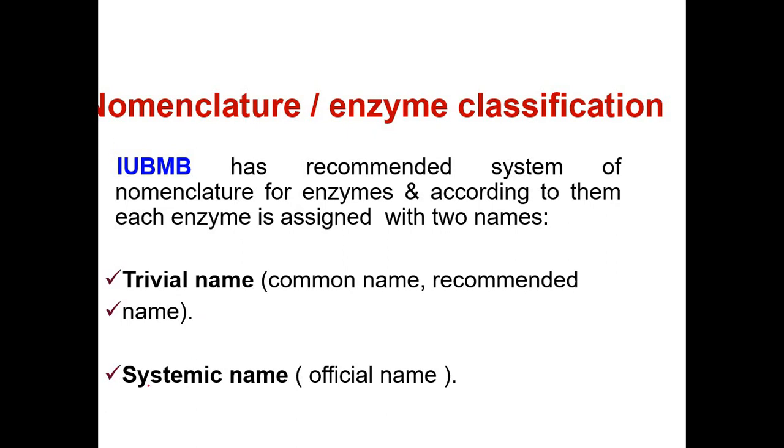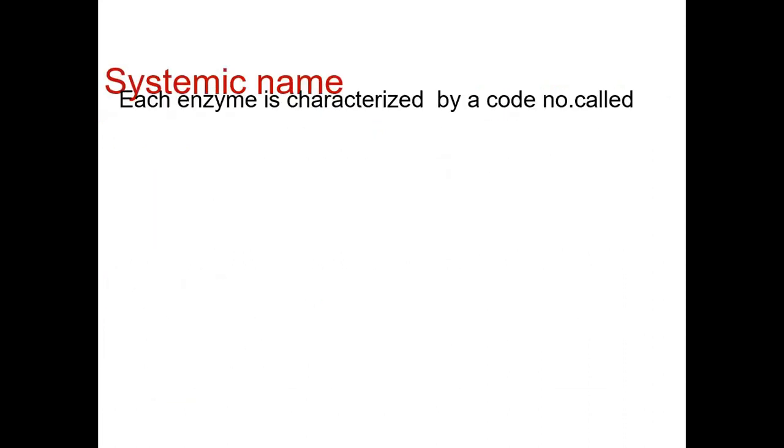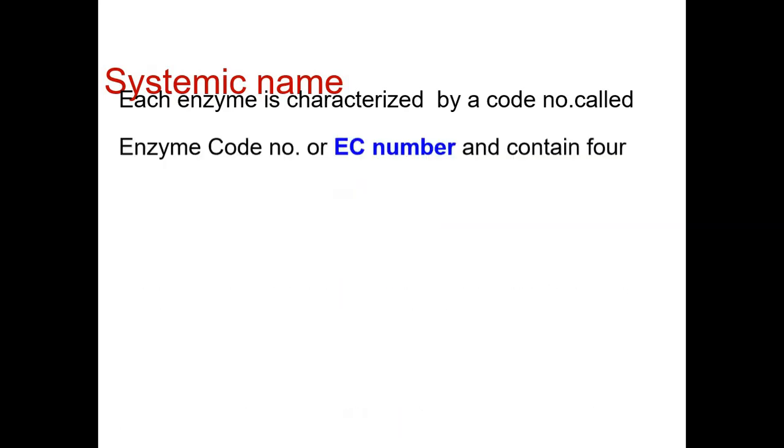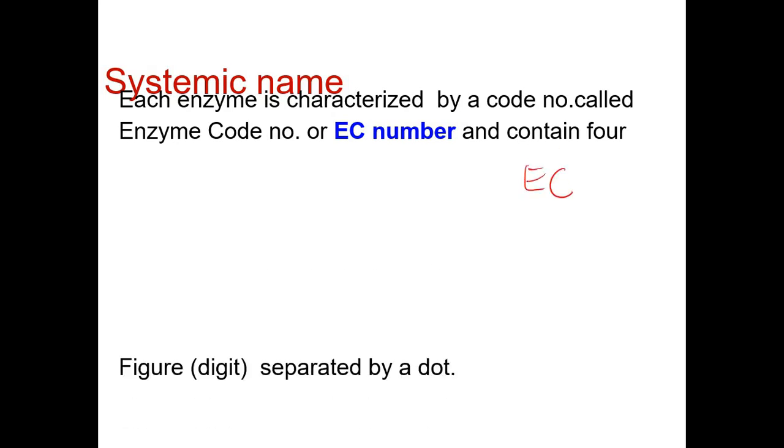So that's why there is a systematic name, but we also have trivial name or common name. Okay? So sa systematic name, ang each enzyme is characterized by a code number called enzyme code. So kada enzyme class na siya EC niya.